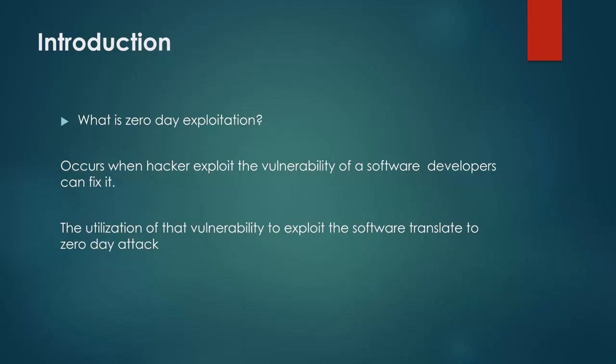Any gap from that area will amount to a vulnerability, because from most of all these vulnerabilities, definitely it can be fixed. But do some developers actually care to make sure it's fixed the first round, or should they just allow it to come with a different set of patches? These are open-ended questions. The utilization of a vulnerability to exploit the software translates to a zero-day attack.